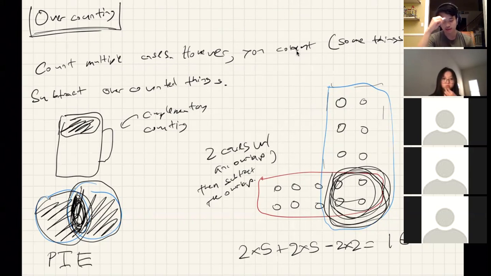But that's a little bit advanced, so we won't get into that now. But this is essentially the gist of it, right? You're overcounting, then you subtract the things that you've overcounted, to make sure that everything you counted appears once and exactly once.